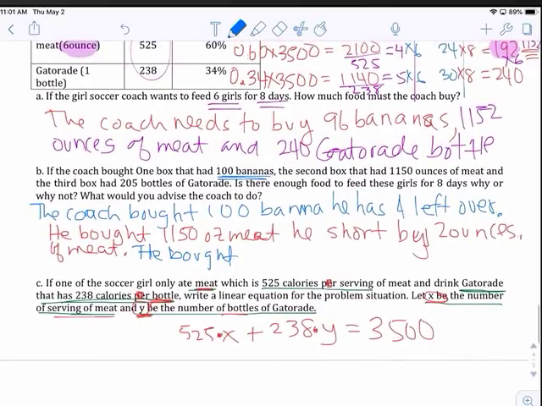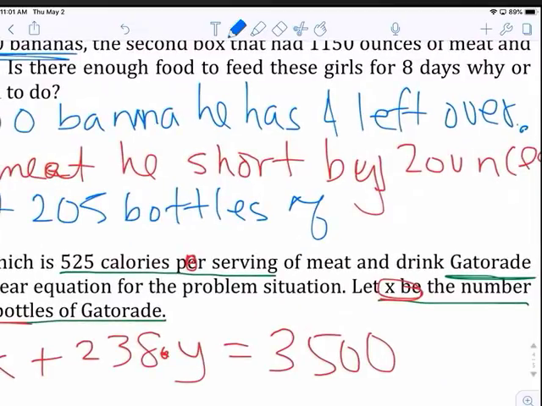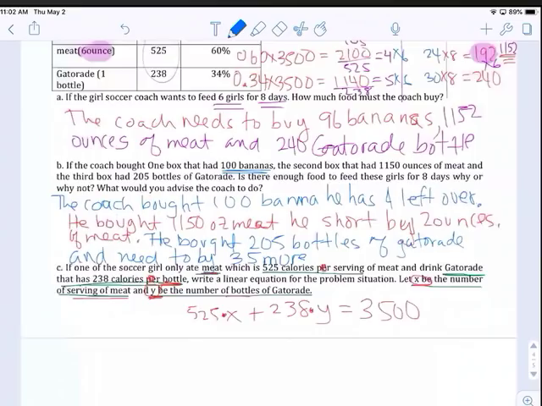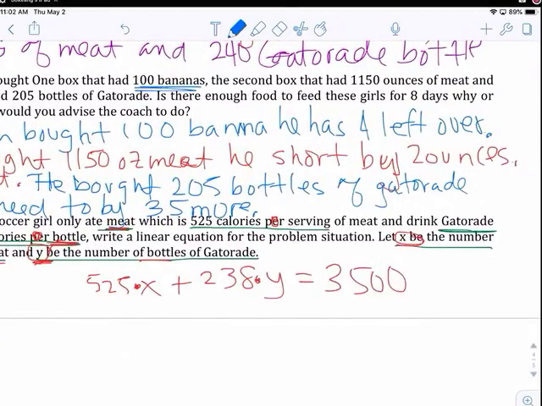He bought how many Gatorade? 205 bottles of Gatorade, and needs to buy 35 more. Guys, is it 35 more? Yes. Okay, that's it.